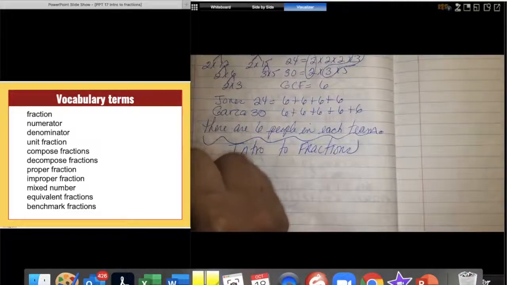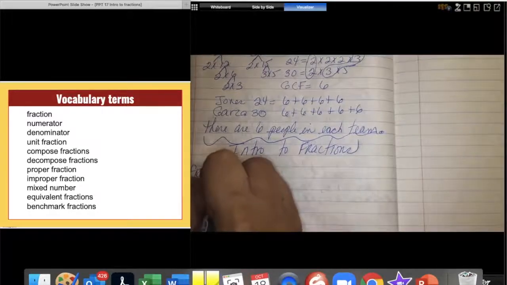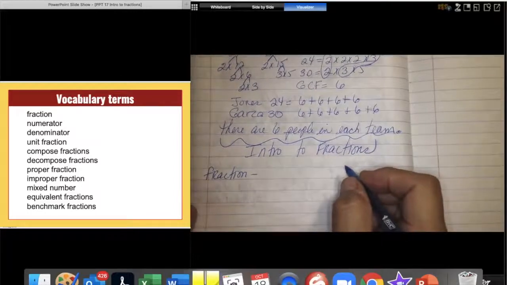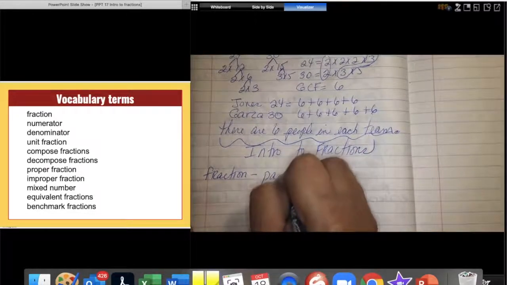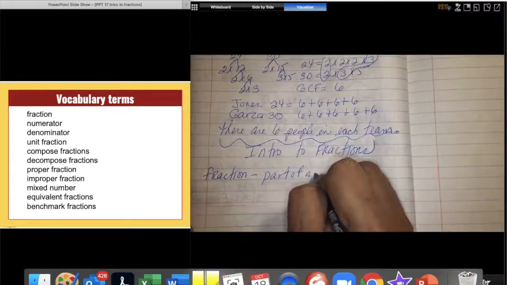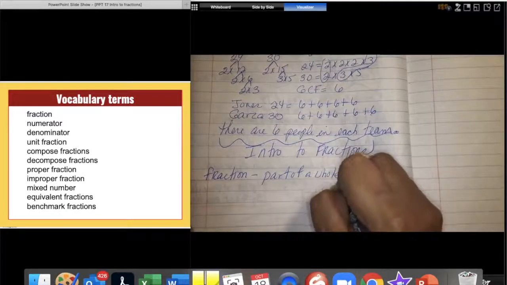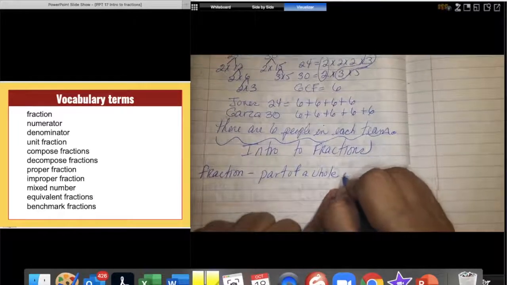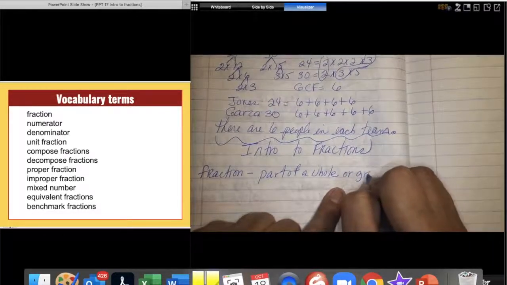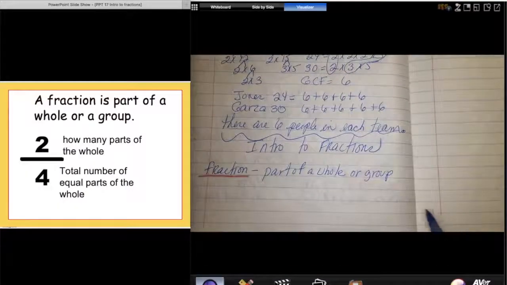So let's begin with our first term, which is fraction. A fraction is part of a whole, or part of a group.